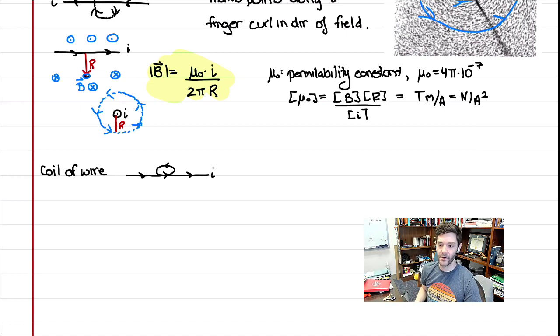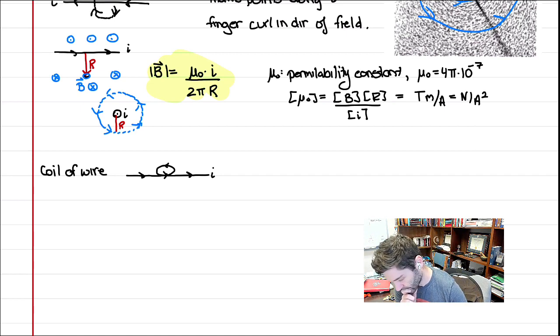I'm curious to know what the magnetic field around that coil of wire is. It could loop around once, twice, 3, 4, 5 times, but let's just focus in on one and then see how it might extrapolate for others.